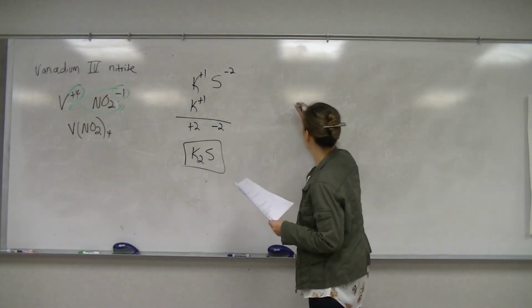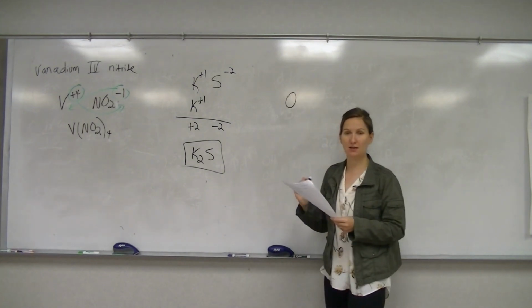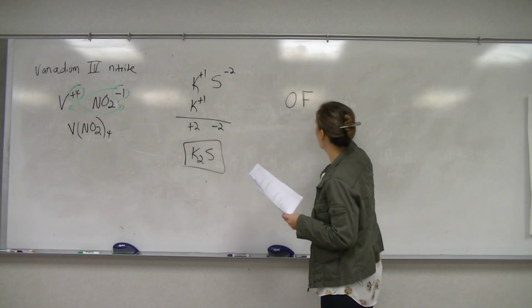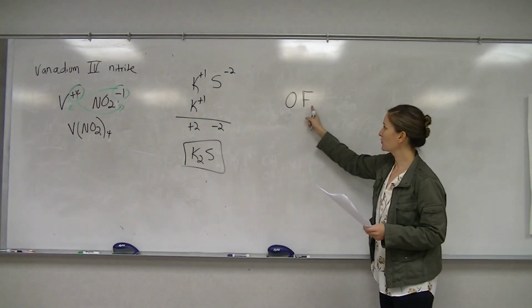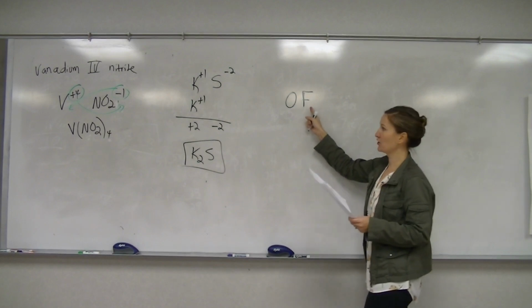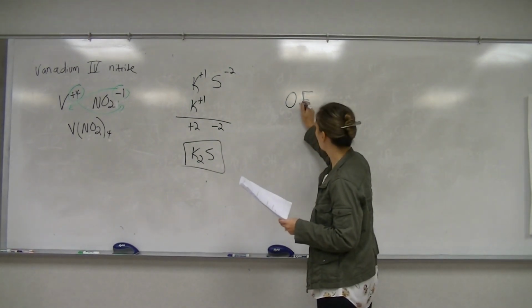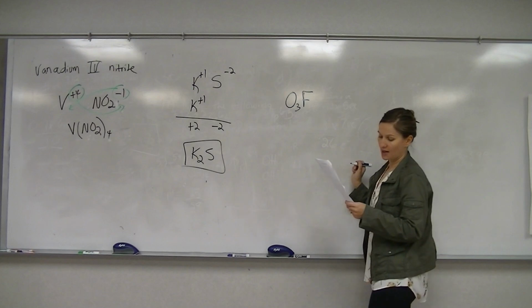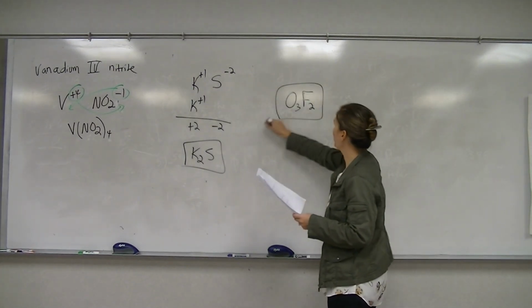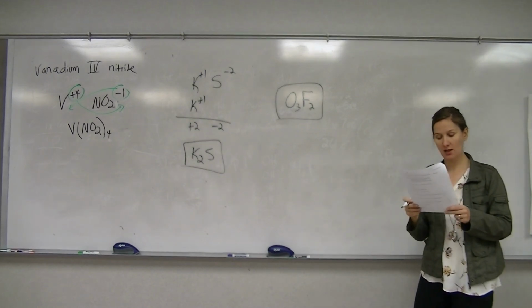So trioxygen, oxygen being O, and then difluoride, and fluorine being F. Now to figure out the subscripts for these, use the prefixes. So trioxygen, so tri means 3, difluoride, di meaning 2. So there's our chemical formula for trioxygen difluoride.